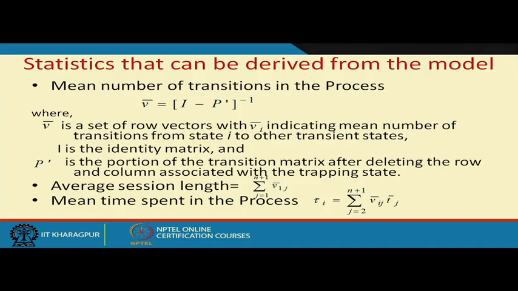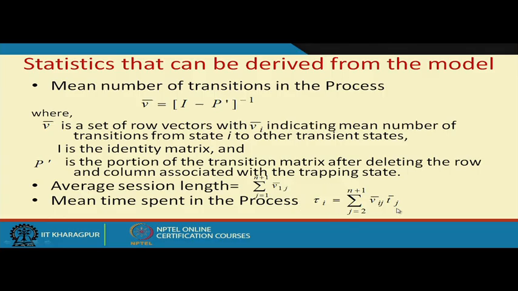This is the average time spent on each of the pages, and if you multiply it with this nu j i, the average number of transitions from the previous state i to the state j, then this is the time spent.